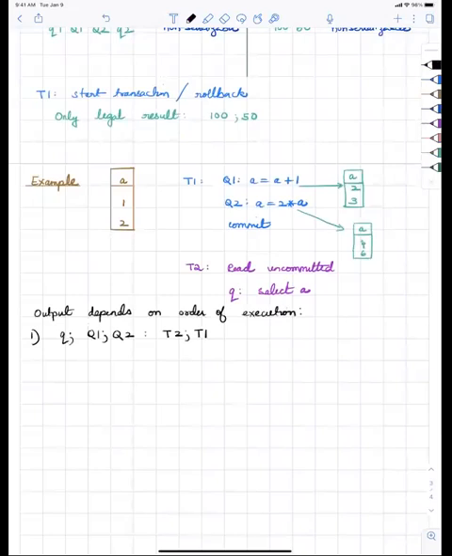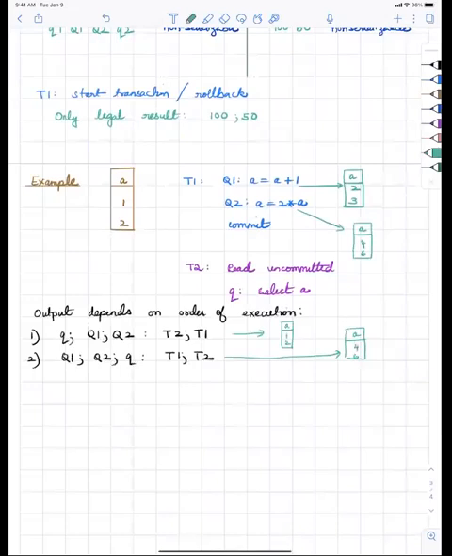Or another one, you could do first Q1, Q2, and Q. That would be like doing T1 followed by T2. So in the first case, because you're doing T2 first, you're going to get 1 and 2. And here you would get A with 4 and 6.